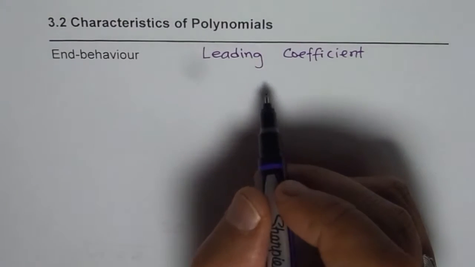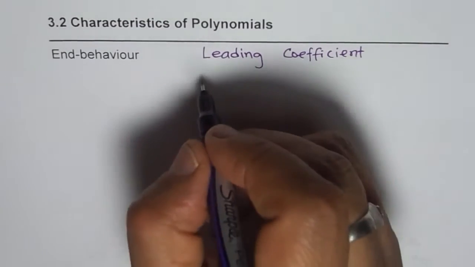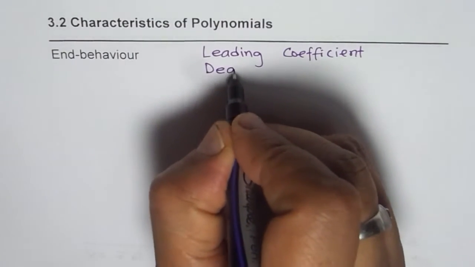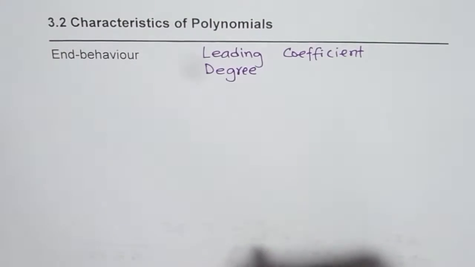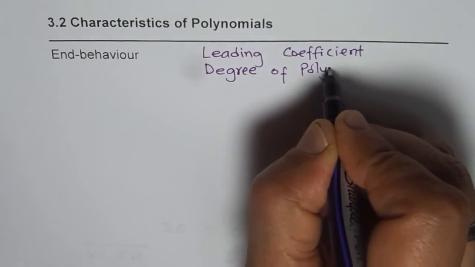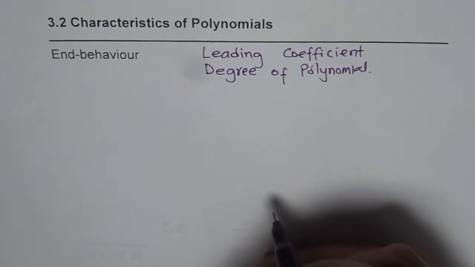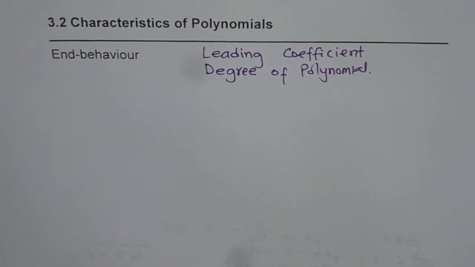And the other term is, I should say actually, leading term, right? Leading coefficient and degree. Let me write degree. So degree of polynomial. So these are the two things which we have to look into to decide end behavior.